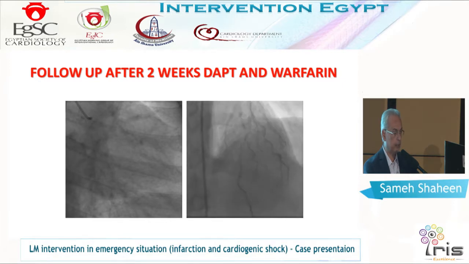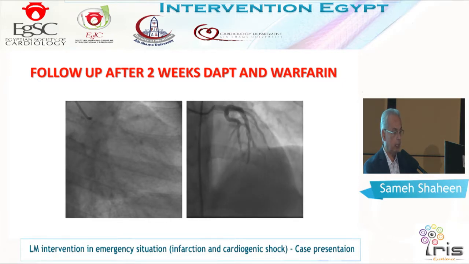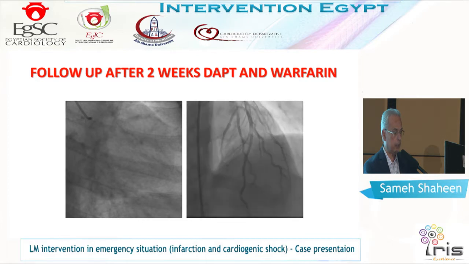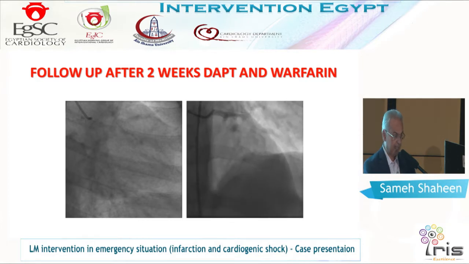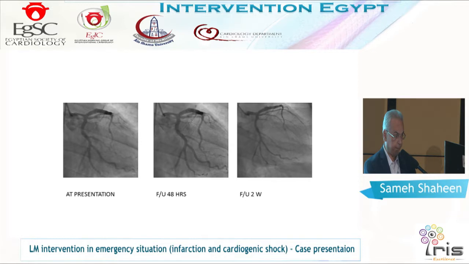Unfortunately, after 48 hours, there was still a thrombus in the left main, and we again refrained from putting a stent in the left main because of the stable condition of the patient, and we were not sure that putting a stent was the correct thing in these normal coronary arteries, as you can see here. Otherwise, all the coronaries of this patient were totally normal.